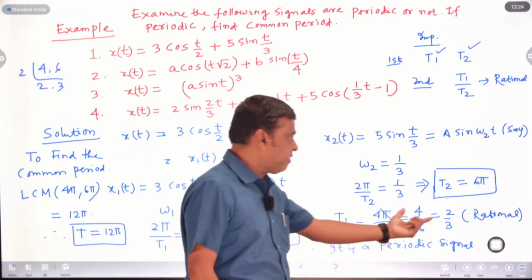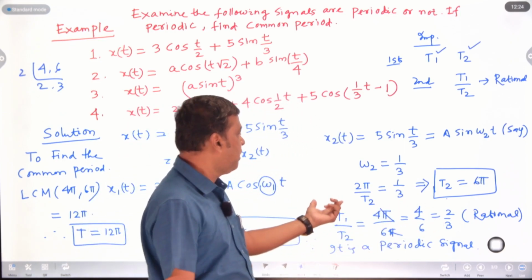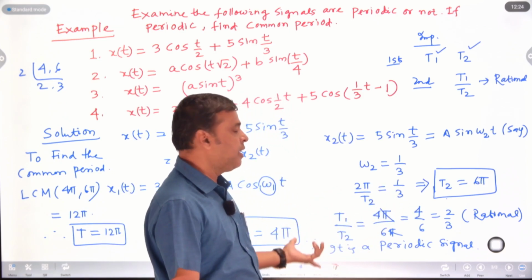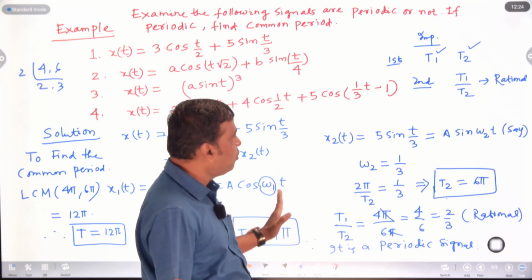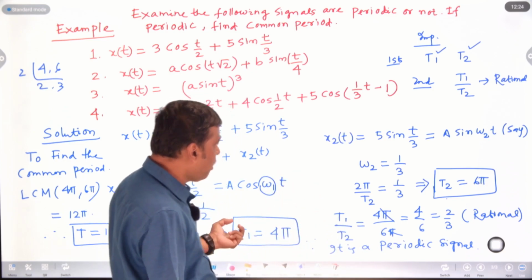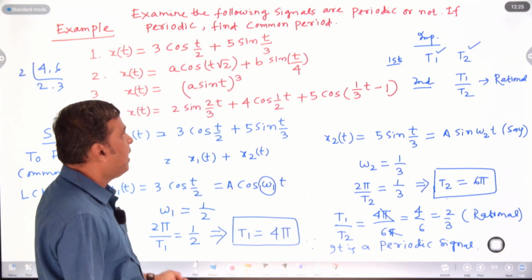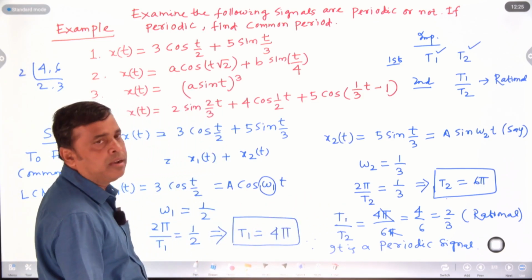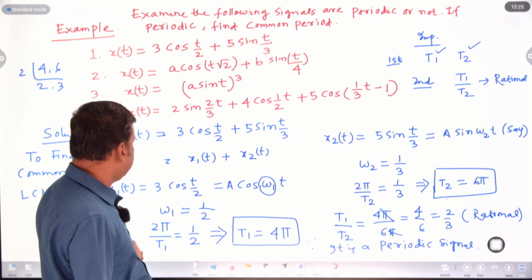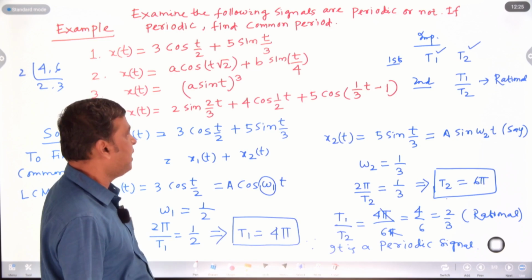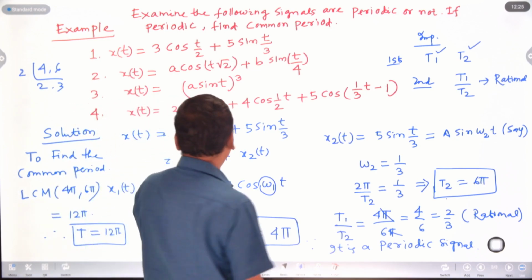If T1 by T2 is a rational number, we say that it is a periodic signal. After you know the signal is periodic, find the common period, the LCM of T1 and T2, which is 12 pi. And second example, let us do the second example.